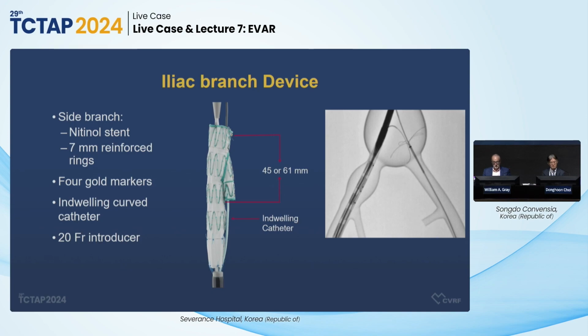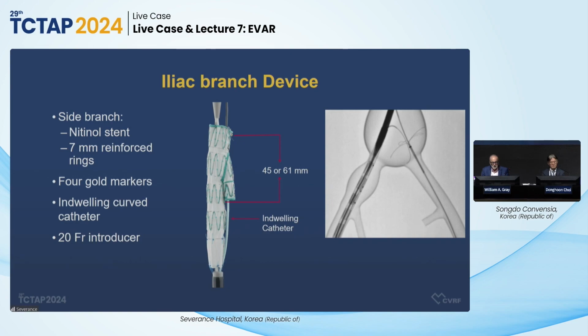So this whole device is loaded on the catheter, and the side branch is already cannulated with an angled catheter. And through the catheter, we insert a wire, and this wire will be snared by the double snare from the contralateral side, and the wire will be externalized.